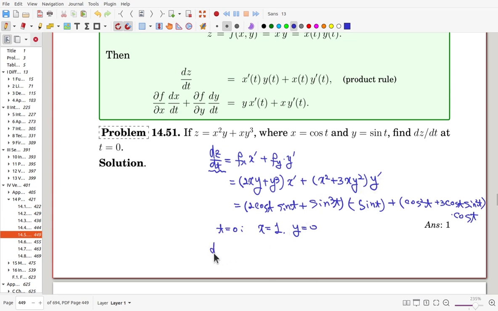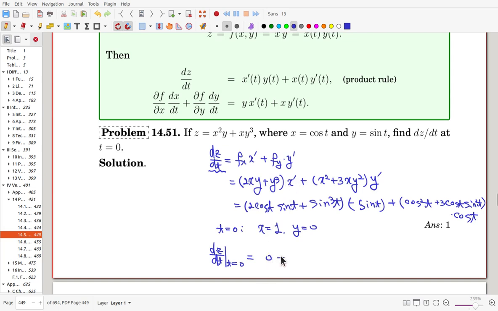So here, dz over dt when t equals 0, we may use that one or that one, it doesn't matter. x is 1, y equals 0, then this will be 0, so no matter what it is, it doesn't matter.